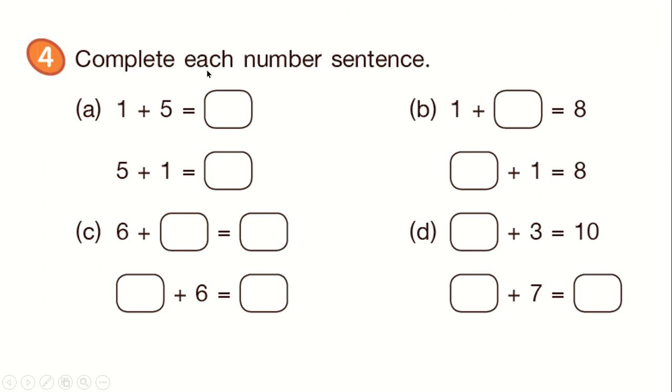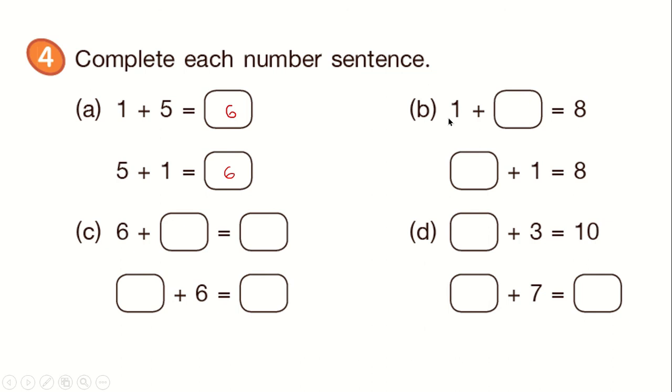Complete each number sentence. Okay, let's try it together. 1 plus 5 equals 6. 5 plus 1 equals 6. Yes, so this is what we call the commutative property.